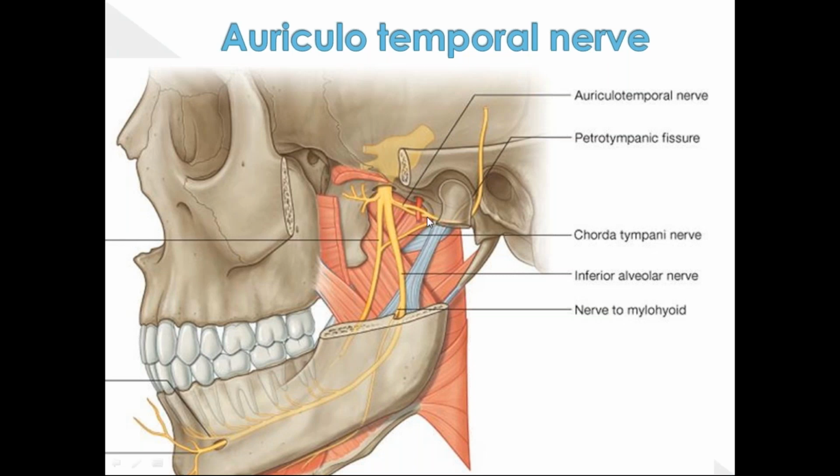Okay, so these 2 roots join posteriorly and form a single trunk, and the single trunk lies deep to the lateral pterygoid, between the neck of mandible and sphenomandibular ligament. Then it also lies above the first part of the maxillary artery. Then this nerve turns laterally behind the temporomandibular joint.